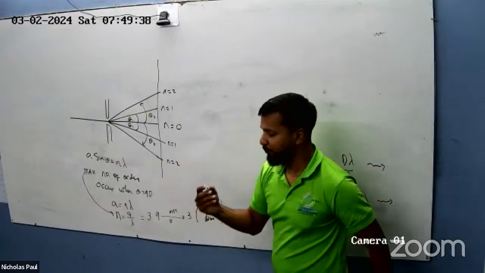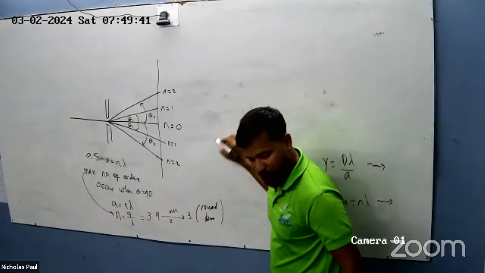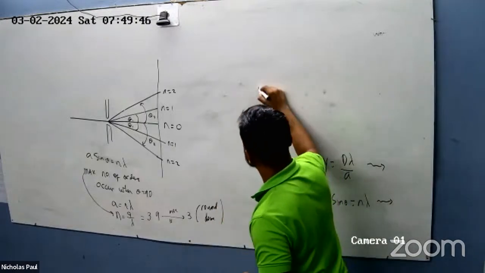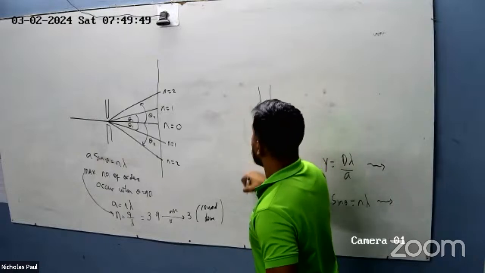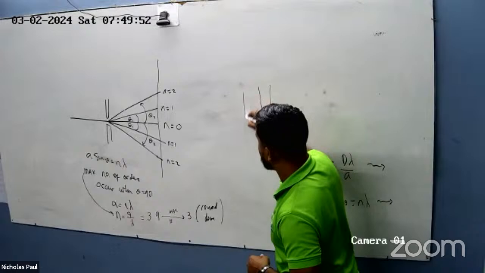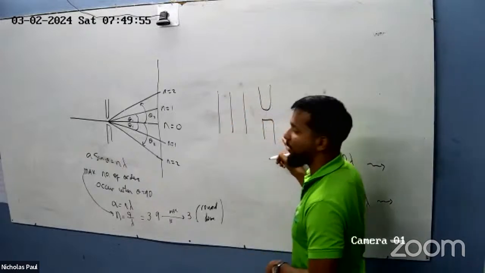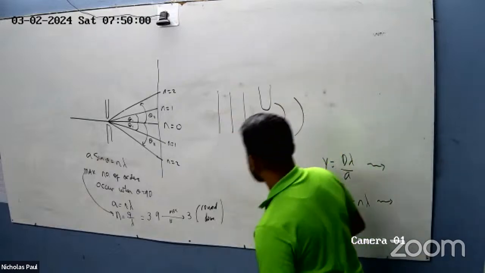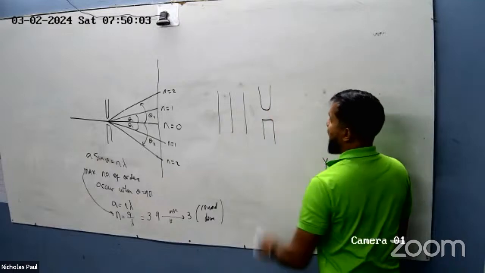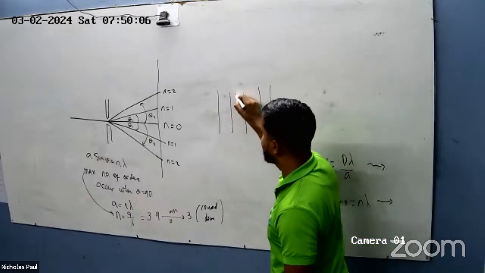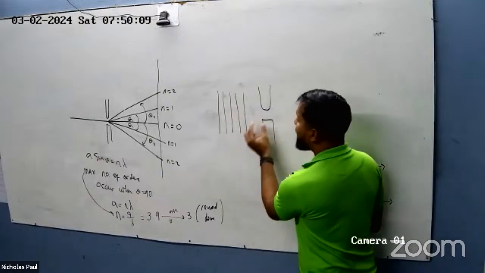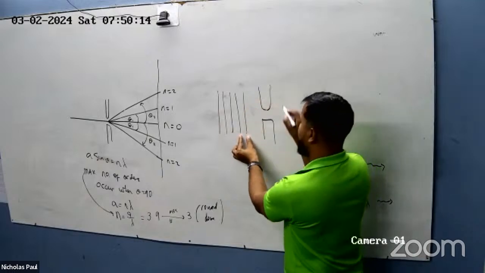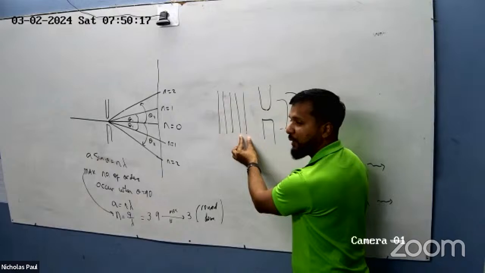Right, here's what I'm saying. I'm not changing the size of the opening. Remember in Form 5, when we did diffraction, we said the smaller this opening, the more it's spreading. So if I were to reduce the wavelength, when I compare this opening to this wavelength, this is looking a little bigger than this, and so the diffraction wouldn't be as pronounced.